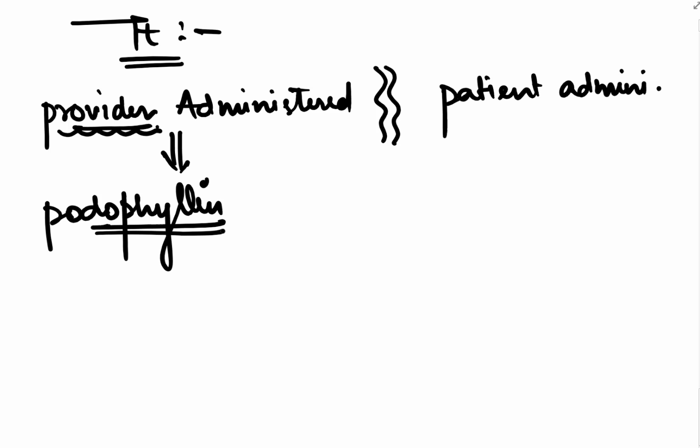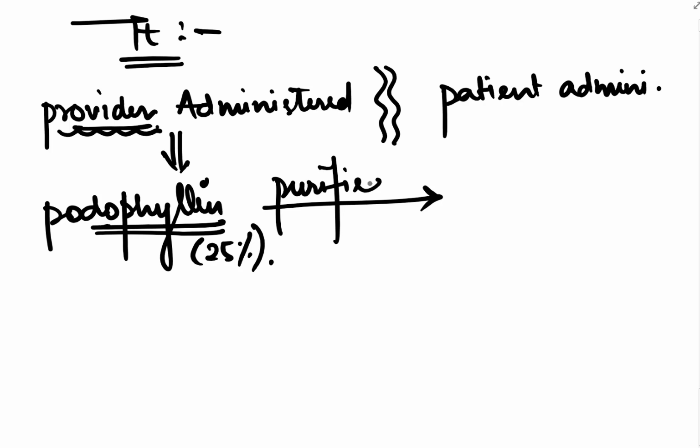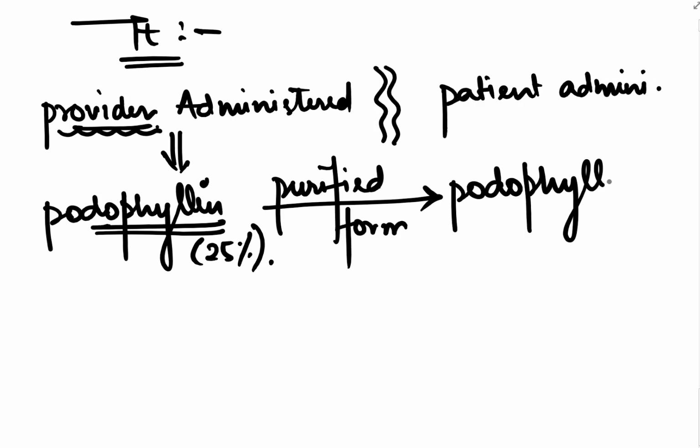So podophyllin application can be done. 25% podophyllin is available, and there is a purified form of podophyllin, which is known as podophyllotoxin, 0.5%. So these two modalities can be used, that is podophyllin or the purified form of podophyllin, podophyllotoxin. Podophyllotoxin is patient administered, while podophyllin is provider administered.